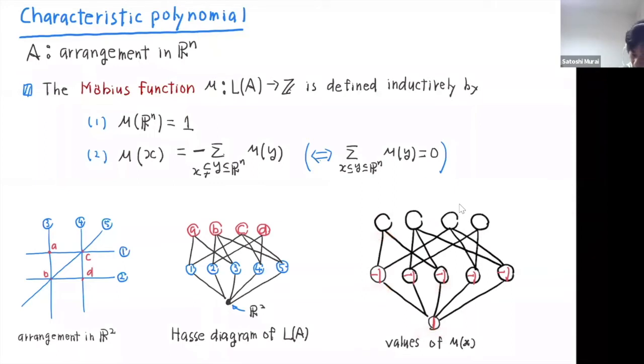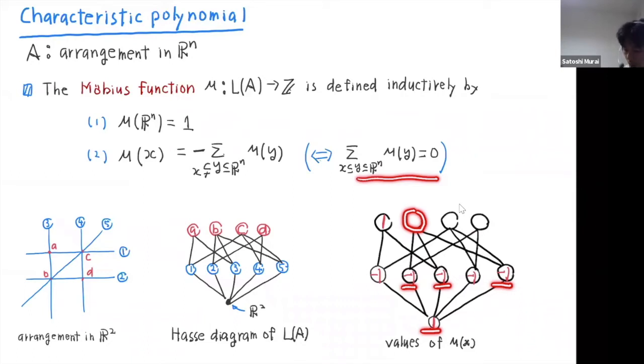So this means that we must have 1 in here. And if we consider this element, then by this definition, the sum of the Möbius function of these 5 elements must be equal to 0.